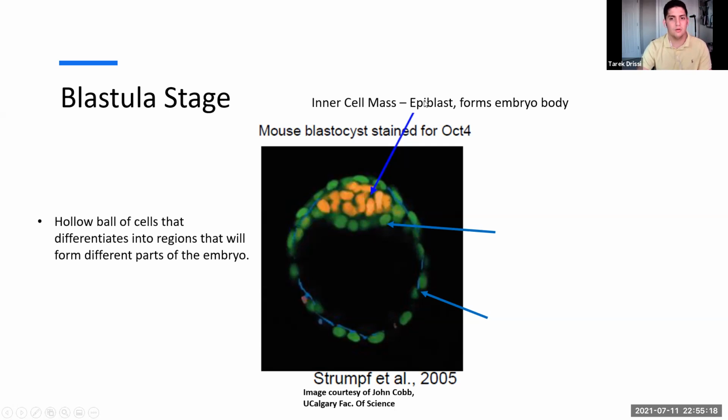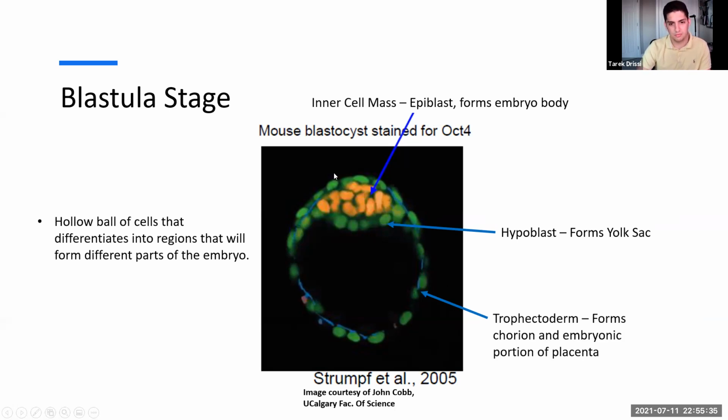The inner cell mass, also known as the epiblast, forms the embryo body. The hypoblast is this sort of ridge here, protruding into the cavity of the blastula, and that's what forms the yolk sac of the embryo. Lastly, this surrounding region is what's known as the trophectoderm, and that will form the chorion and the embryonic portion of the placenta.